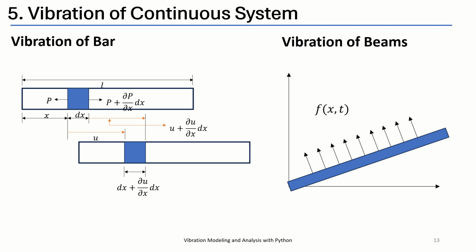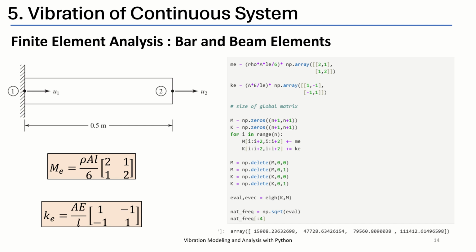Then we'll go to the slightly more complicated part, that is vibrations of continuous systems. In that we'll study vibrations of a one dimensional bar, mostly the longitudinal vibrations, and in vibration of beams we'll study the lateral vibrations of the continuous system. Then we will use the FEA method, that is the finite element analysis method, to solve the eigenvalue problems of bar and beam.